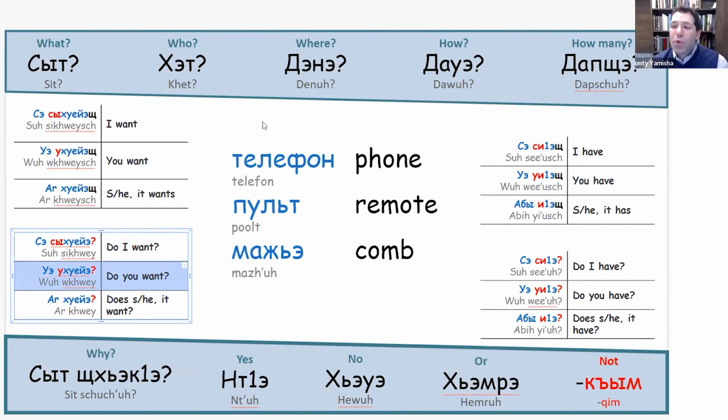Suhwe is like a stem, right? Suhwesh is I want. When we add m to the end of any verb, it means if. Okay, so what you're saying is, I don't know if I want a remote.